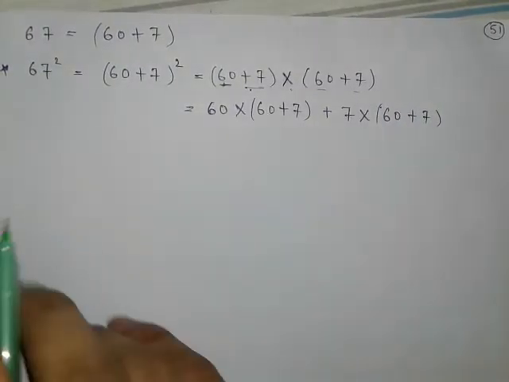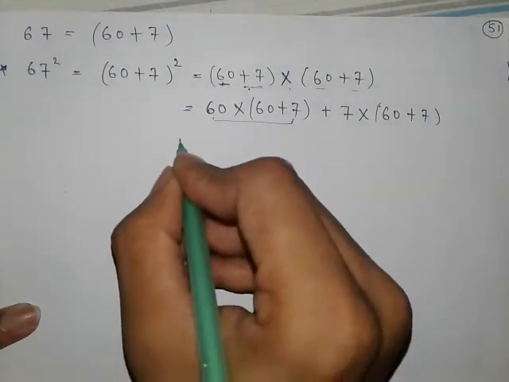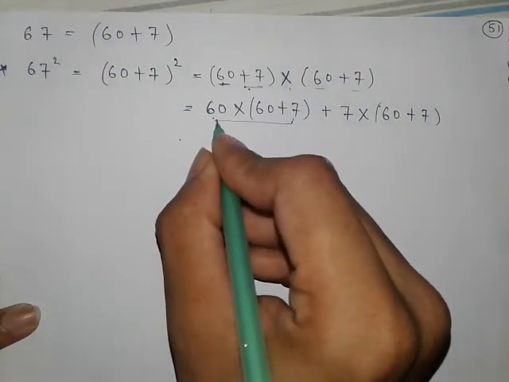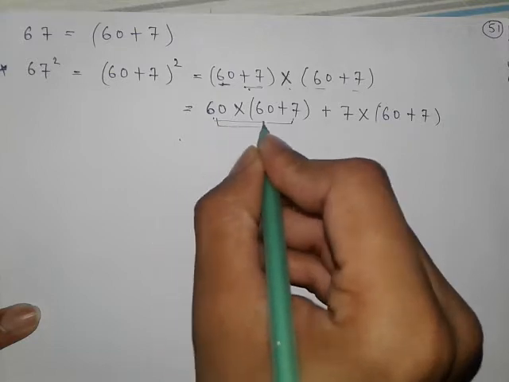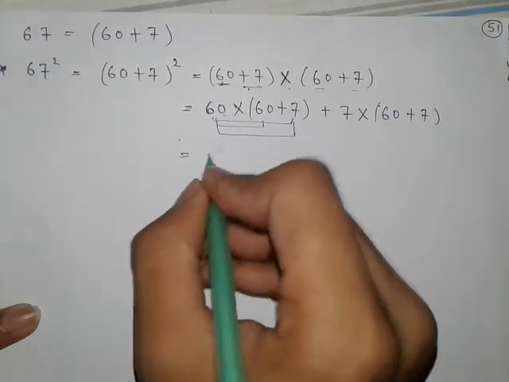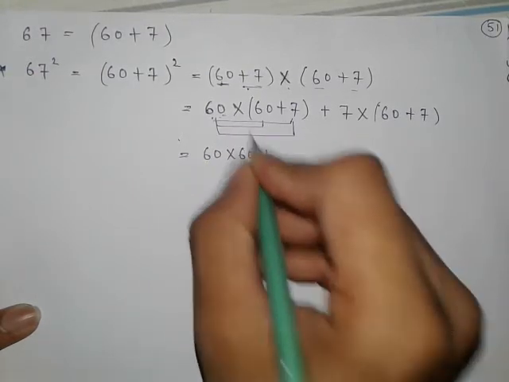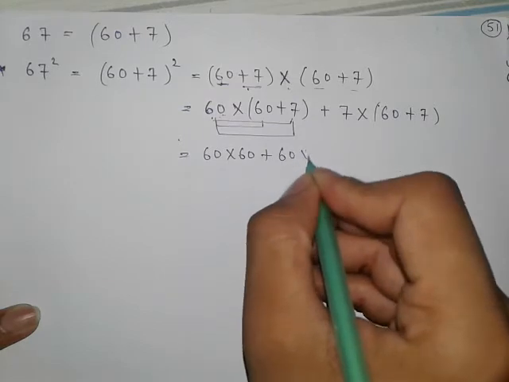Okay, now apply the distributive property here. If we apply the distributive property, you have to multiply with this and you have to multiply with this. So the first number we have is 60 multiplied by 60, then plus 60 multiplied by 7.